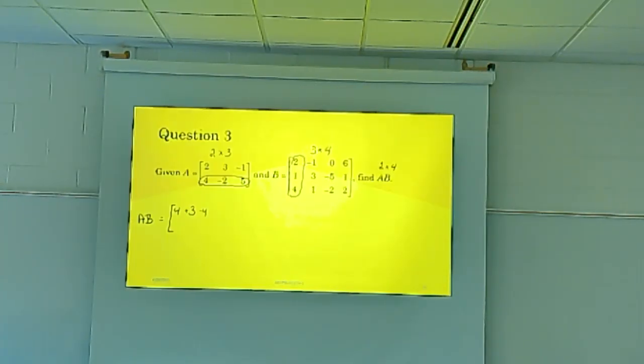Going to keep the first column of B, but now look at the second row of A, and then do the same thing as their dot product. 4 times 2 plus negative 2 times 1 plus 5 times 4.